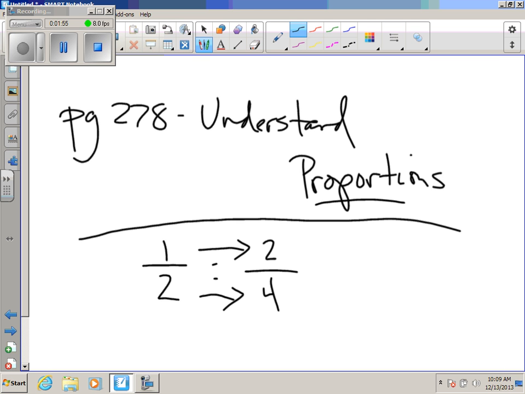Division. You can always use multiplication to form a proportion, but you can't always use division. Could I have used division with 1 to 2? No, because it's already simplified as much as it can possibly be. Okay, but it is an option in some cases.